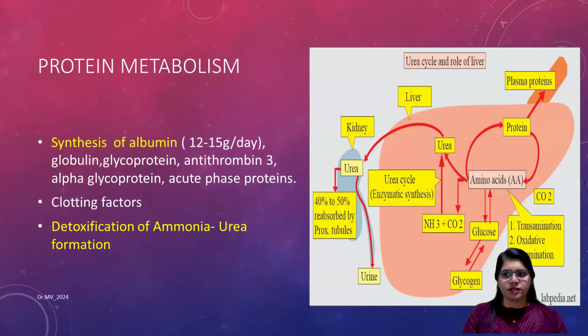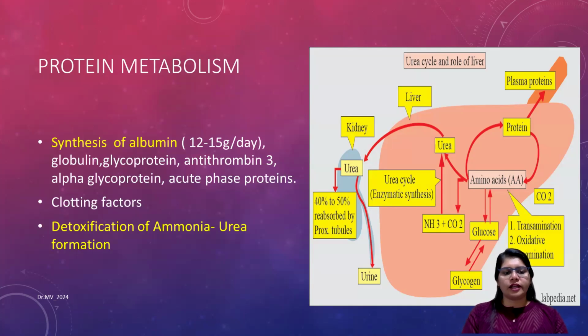Coming to protein metabolism, the liver synthesizes very important proteins such as albumin, which is responsible for maintaining the colloid osmotic pressure. Around 12 to 15 grams per day of albumin is synthesized. Others like globulins, glycoproteins, transport proteins like ferritin, ceruloplasmin, others like antithrombin 3, alpha glycoprotein, acute phase proteins like C-reactive protein, all these are synthesized by the liver.